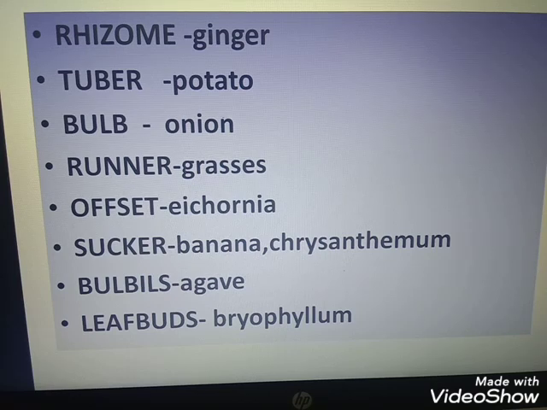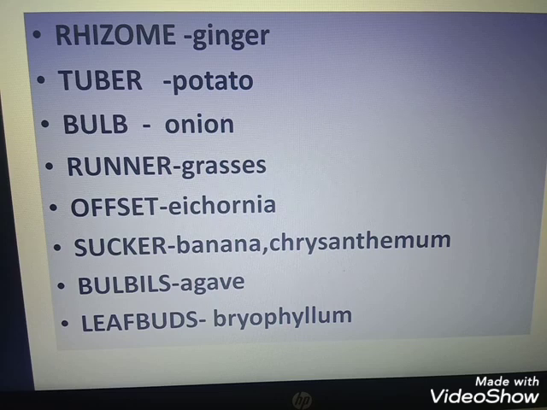Then we discussed different types of vegetative propagation methods: rhizome, tuber, bulb, runner, offset, sucker, bulbils, leaf buds. All these are examples of different types of vegetative reproduction methods. Example for rhizome is ginger. In rhizome, the new organisms are formed from the nodes and internodes.